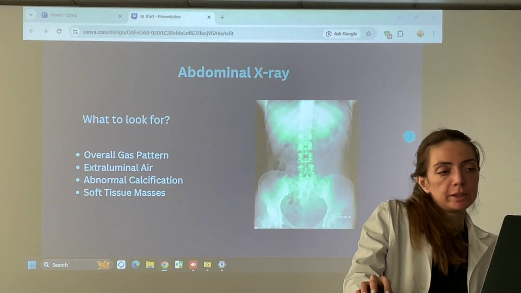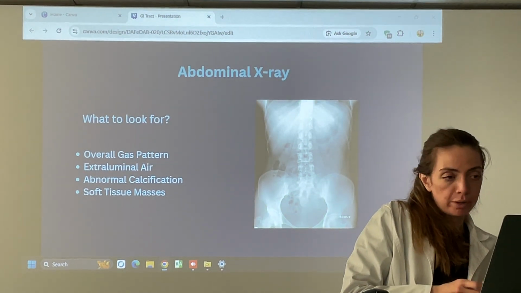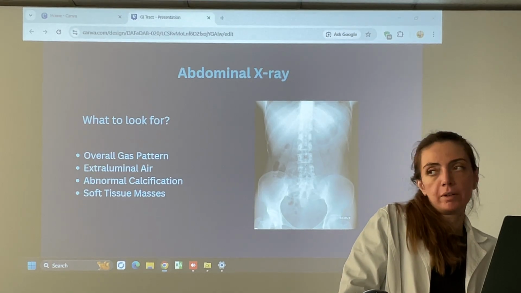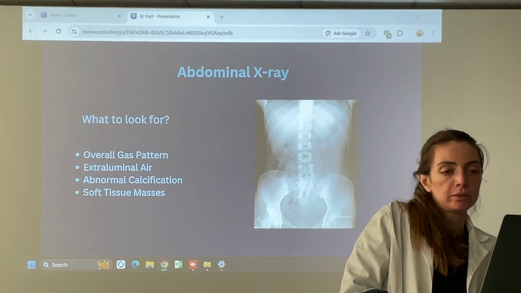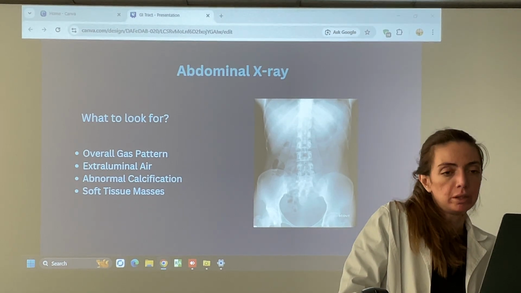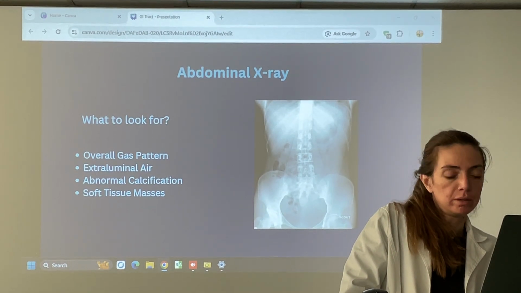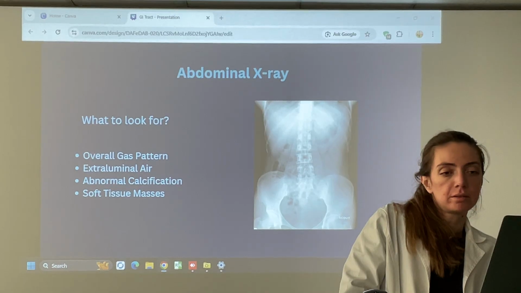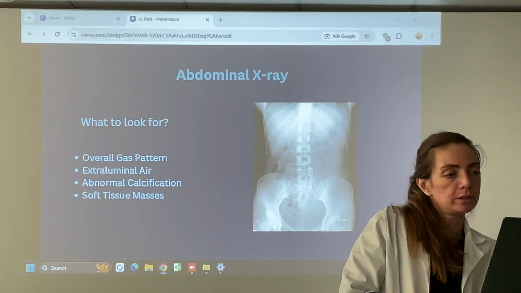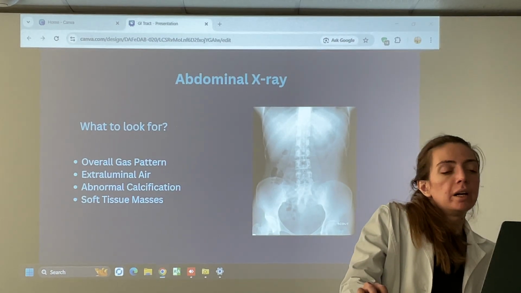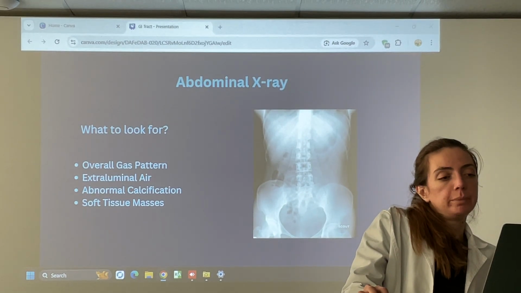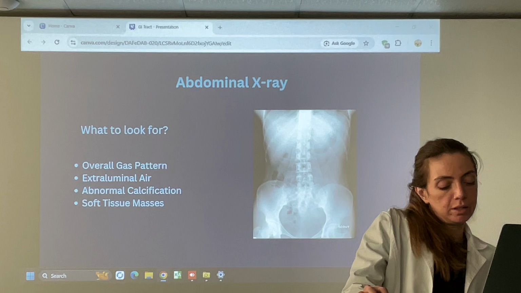So for abdominal X-rays, what to look for. First, look at the overall gas pattern. You are looking for the overall pattern, so do not spend too much time trying to identify every bubble of gas you see. Then second, look at the extraluminal layer. Also look for abnormal calcification.